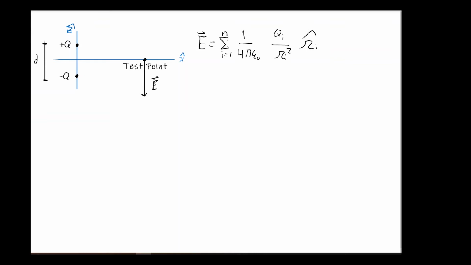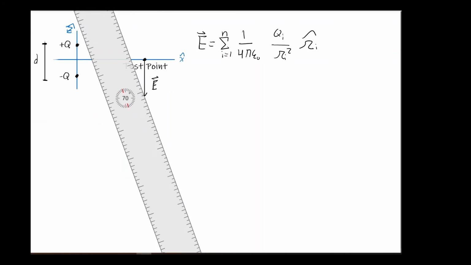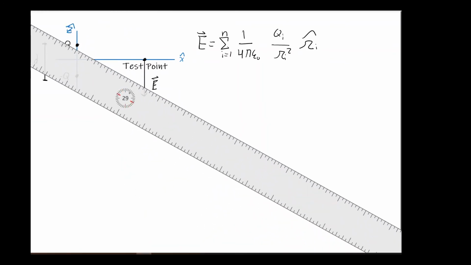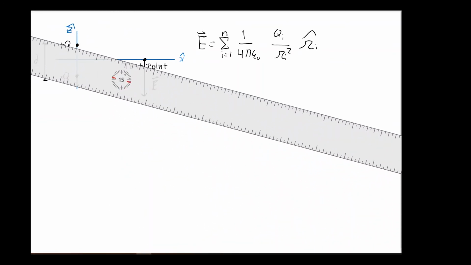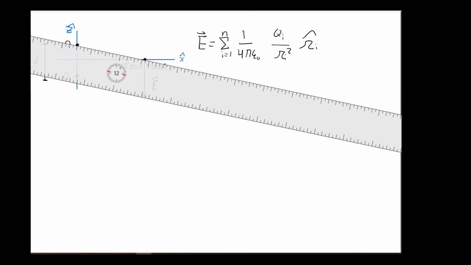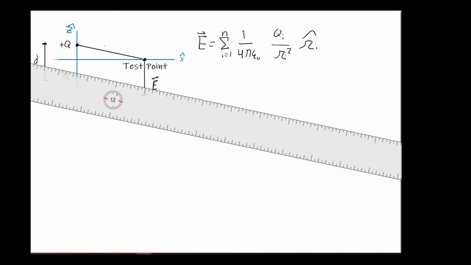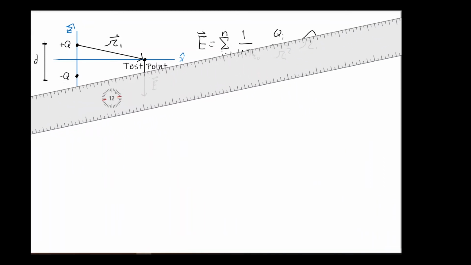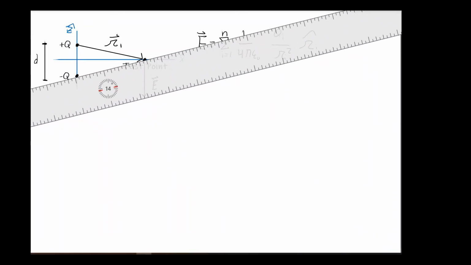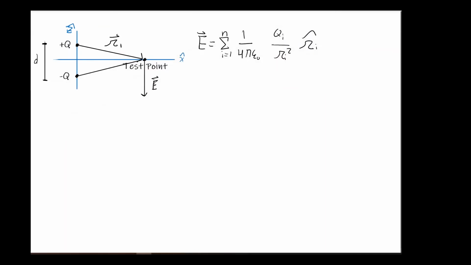If you recall, our curly r vectors measure up from our source charge to our test point, or to a test charge. And so in this case we're going to have two curly r vectors. Curly r vector 1 is going to go from our positive source charge to our test point, and then curly r vector 2 is going to go from our negative source charge to our test point.